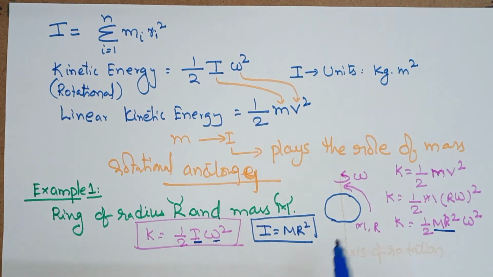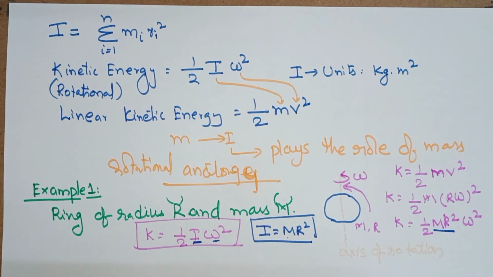Whether it is moving with high speed about an axis or less speed, that's not important. It is independent. It only depends on the mass and radius of the particular object that we consider. But it depends on the axis of rotation.